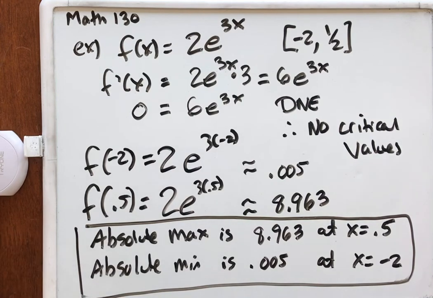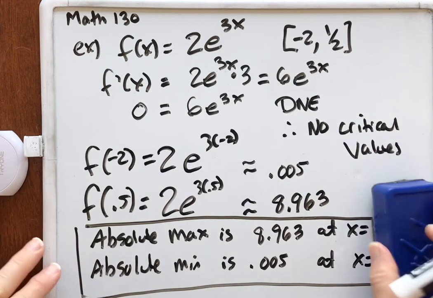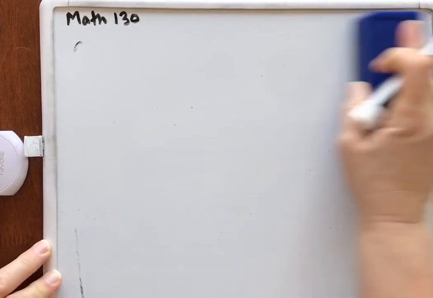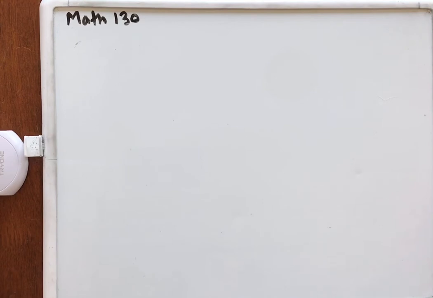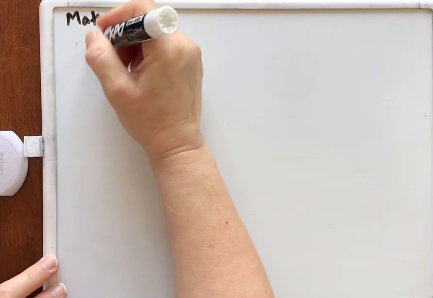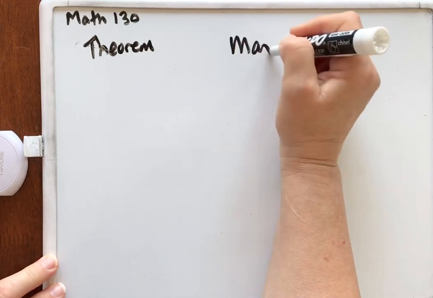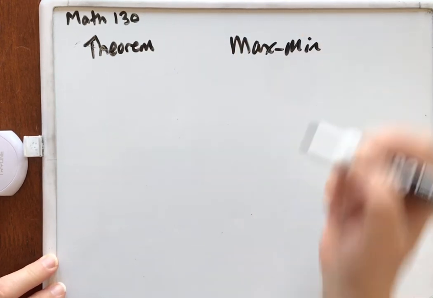Okay, we have another theorem and then another example, and we're already done with this section. That was quick. Okay, so here's another theorem. We just call it max-min. Max-min theorem.